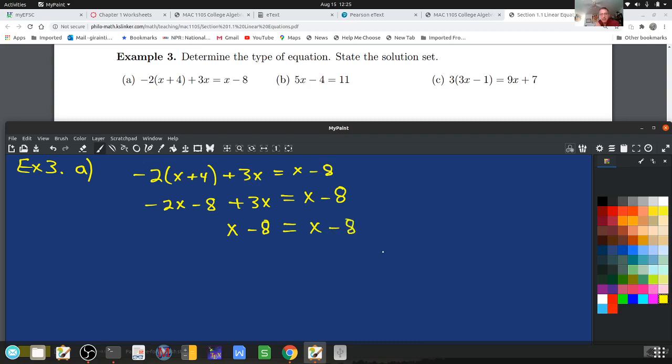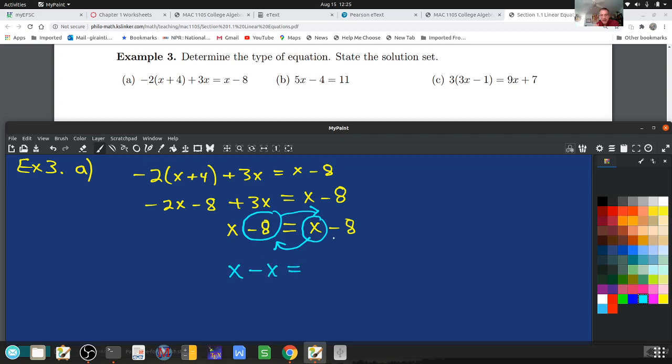Now what I want to do, if you're okay with realizing that x minus 8 is always equal to x minus 8, you're fine. But let's do this. I want to move the 8 to this side and the x to this side. When I move the x to this side, it changes sign.